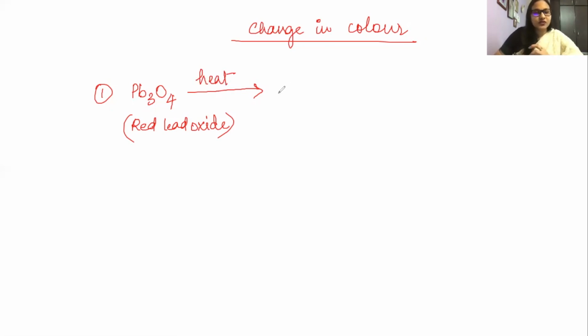What are those smaller molecules? It could form PbO and release oxygen gas. Now again, it's important to note that Pb3O4 is a solid, PbO is also a solid, and oxygen here is a gas. All right, now what is the color change that we observe? Just like the name suggests, lead oxide is red in color.